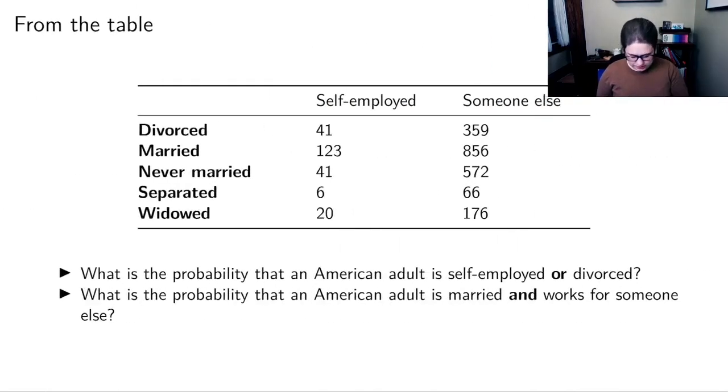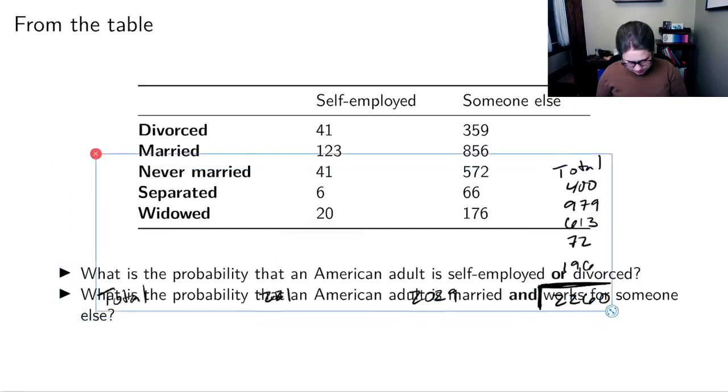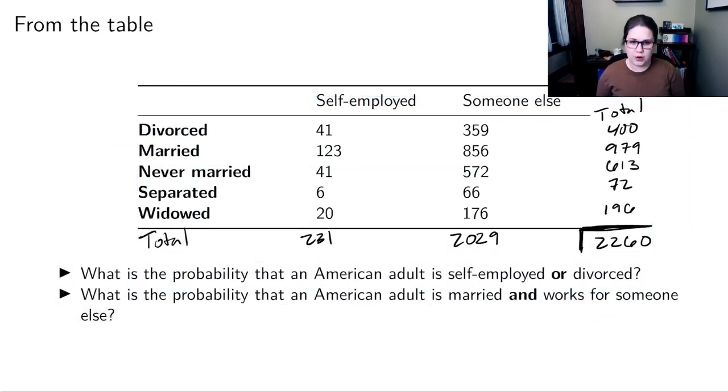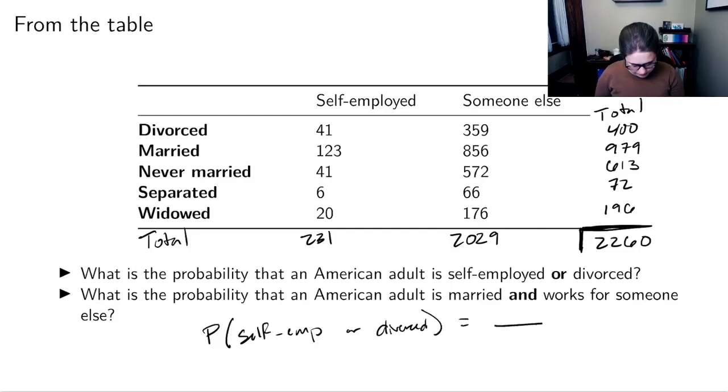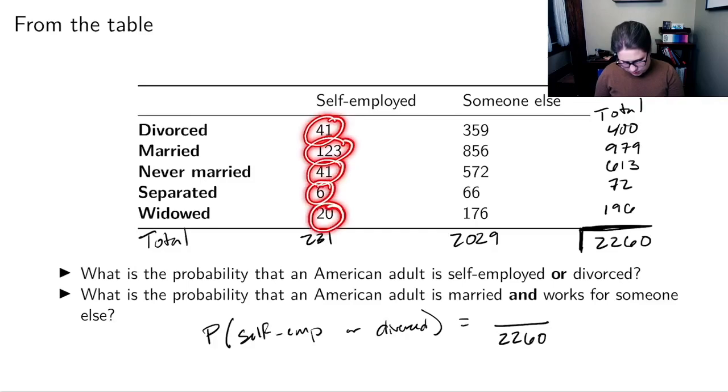So again, I'm going to stick my totals onto the table. And then I'm going to be able to figure things out like the probability that an American adult is self-employed or divorced. I can just figure it out from the table. The bottom of the table is going to be 2260, the total number of events. And then I need to figure out, okay, it's going to be 41 plus 123 plus 41 plus 6 plus 20, and then also this 359.